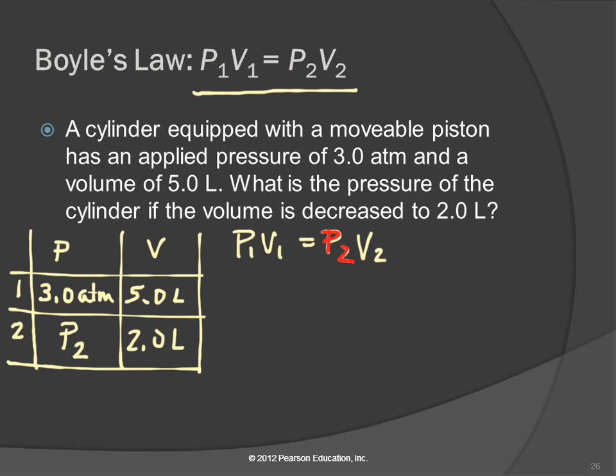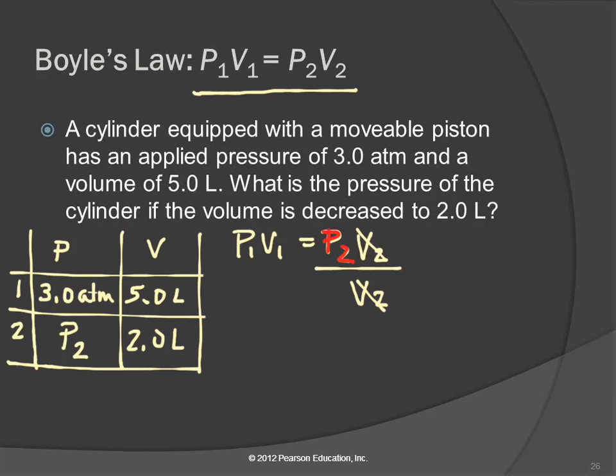So we need P2 by itself. We want the V2 to go away. Well, if we divide this side by V2, V2 over V2 is 1. Anything divided by itself is 1. But we need this equality to stay equal. It's like a balanced teeter-totter. If you put a 10-pound rock on one side and you don't do anything to the other side, the teeter-totter's not going to be balanced anymore.